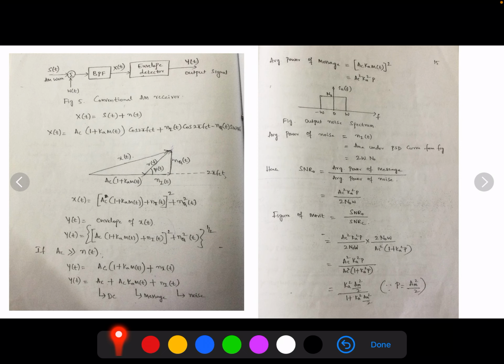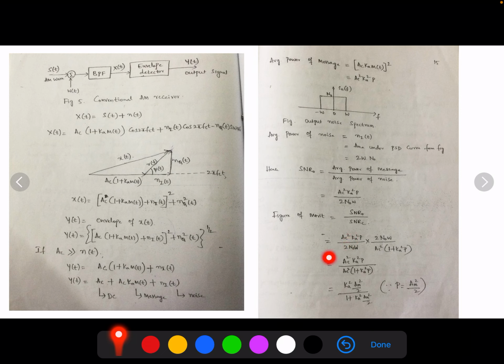Keeping this in mind, we have SNRO. Then, in order to find the figure of merit, we take the ratio of SNRO by SNRC. SNRO we have just formulated, SNRC we have done previously.